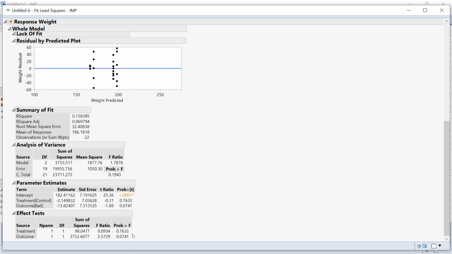Now, in this case, I used random numbers, and the way I generated the random numbers, there should not have been a difference between outcomes. So this goes to show that sometimes you'll get a result that looks kind of significant completely due to chance. And that's definitely what happened here. These are just random numbers, so there's no real difference in outcome in these numbers.